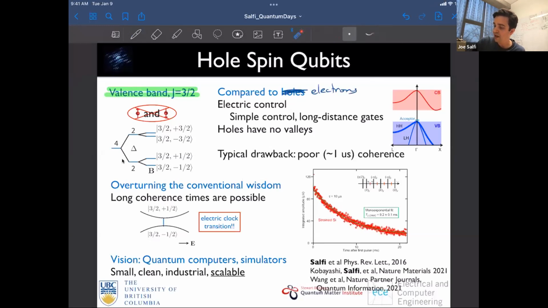What this gives you as an advantage compared to electrons is a means to simply electrically control the qubits. And what this electrical control also gives you is an ability to build long distance gates via a number of mechanisms. For example, the introductory talk talked about QED, where you can have a photon in a resonator.